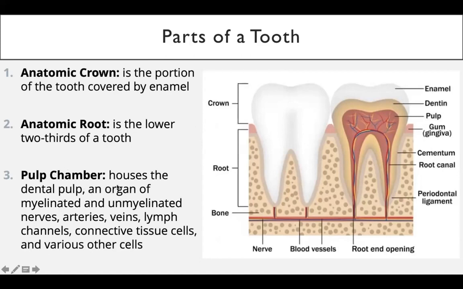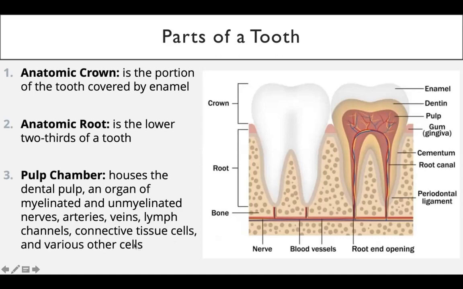Pulp chamber houses the dental pulp, which is an organ of myelinated and unmyelinated nerves, arteries, veins, lymph channels, connective tissue cells, and various other cells.